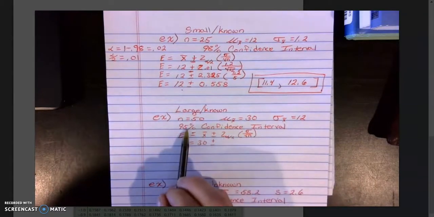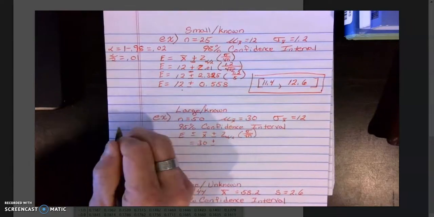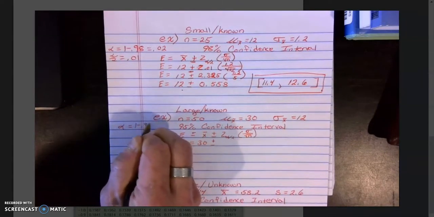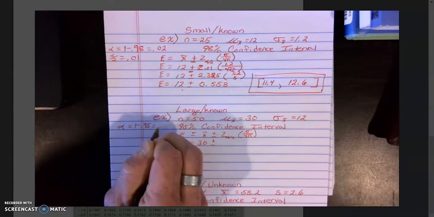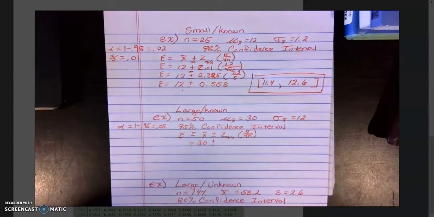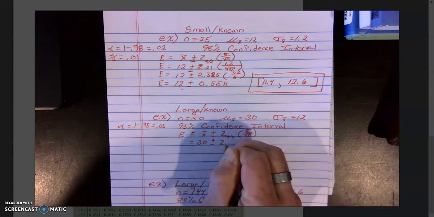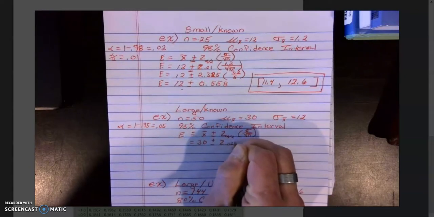Since it's a 95% confidence interval, we can say that alpha is going to equal 1 minus 0.95, which is going to be 0.05, divided by 2 is going to be 0.025, right? So Z is going to be 0.025.